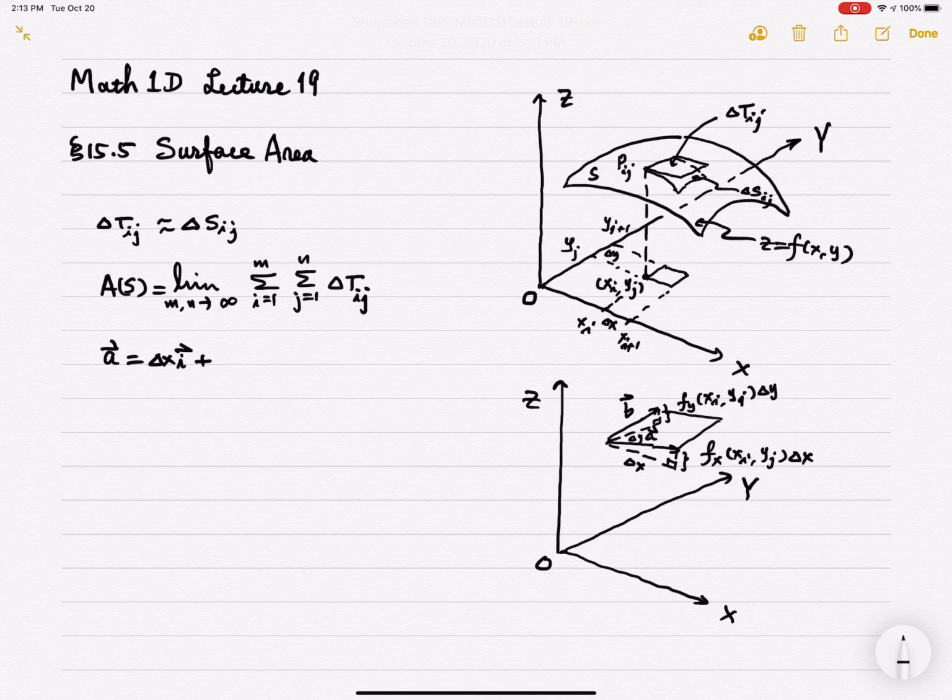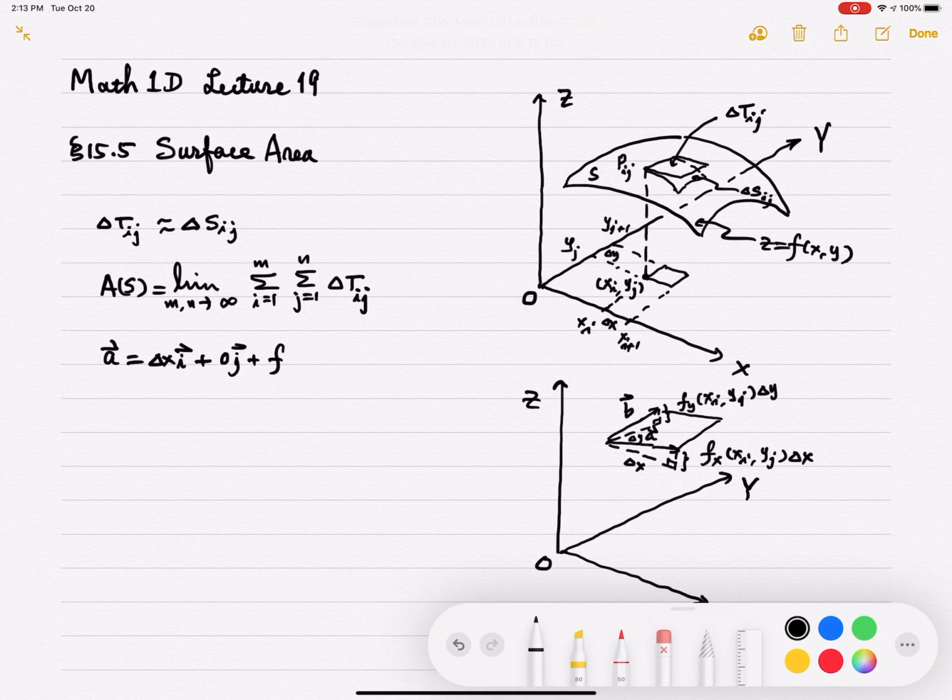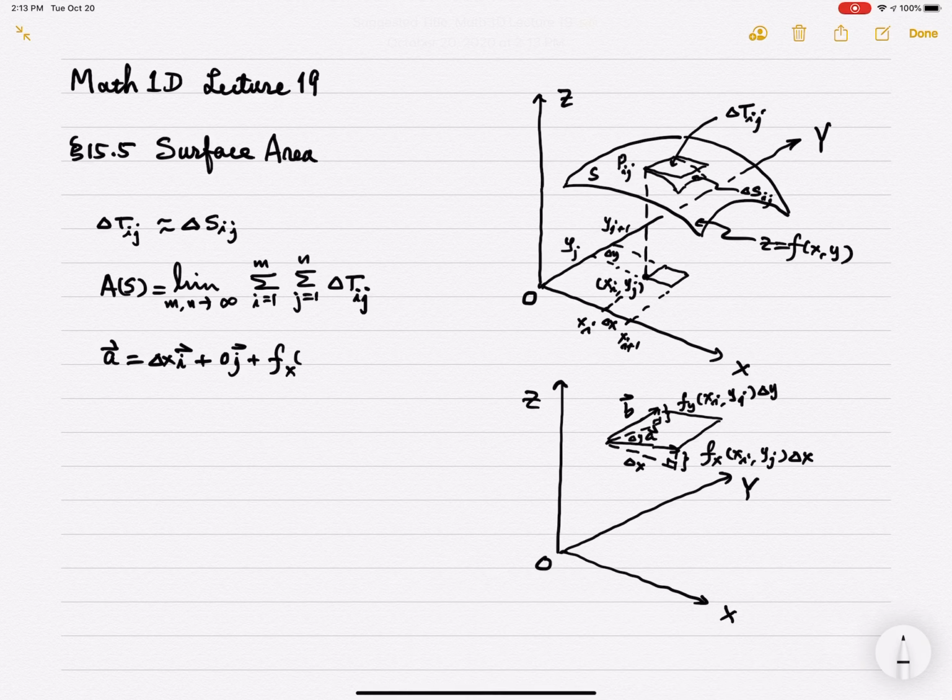So the coefficient of j is not there; if you want, put 0 times j, plus the vertical increase f sub x. So A is delta x i plus 0 j plus f sub x at x_i y_j delta x k.